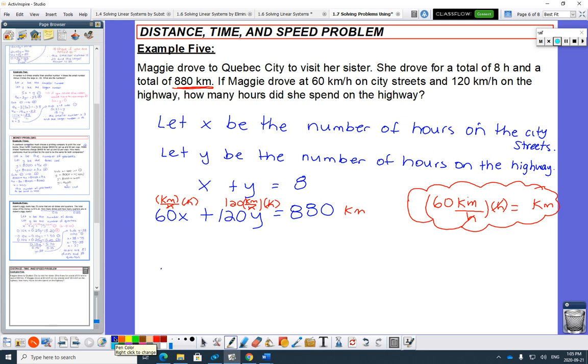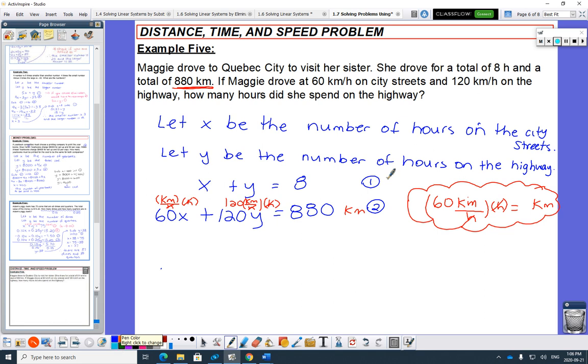This one and the one at the end where they're talking about weight and amount, these two are the toughest type of questions. So it's up to you. To change this into elimination is not that big of a deal. You can multiply by -60 or -120 up here. Substitution is easy enough as well, so it doesn't really matter. This time I'll solve for y.